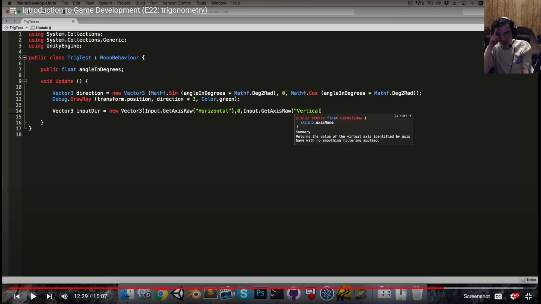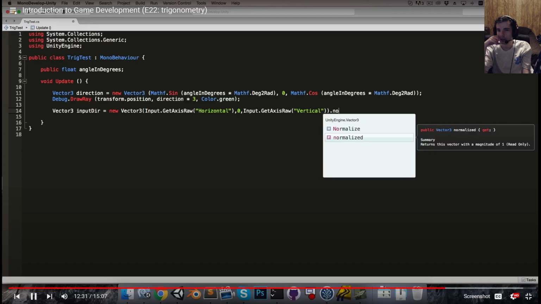I would have to try that out, maybe. Input.GetAxisRaw horizontal and vertical. And then I would have to print it out. Like why, in what circumstance would it not equal 1?